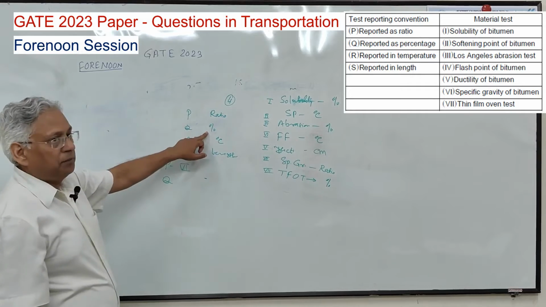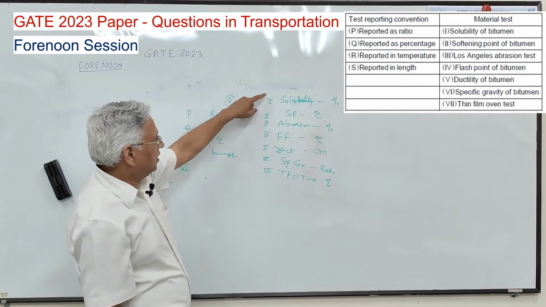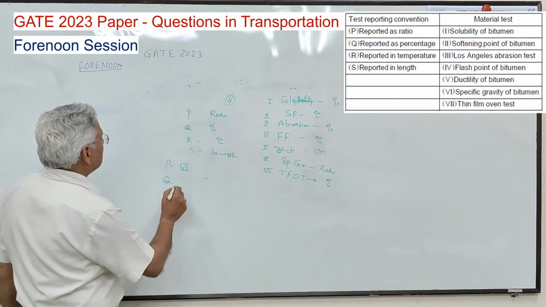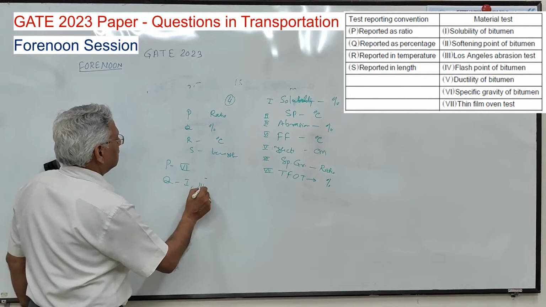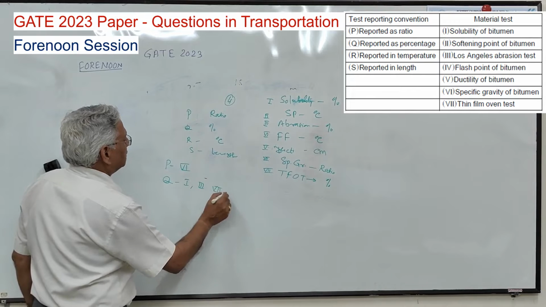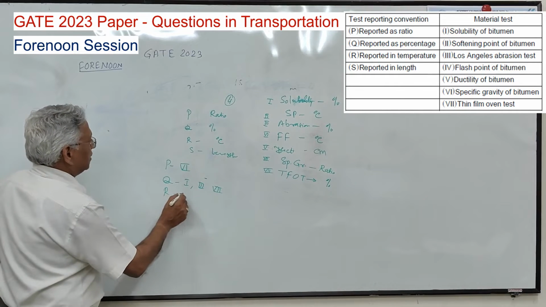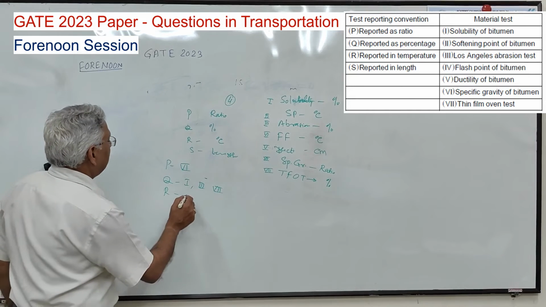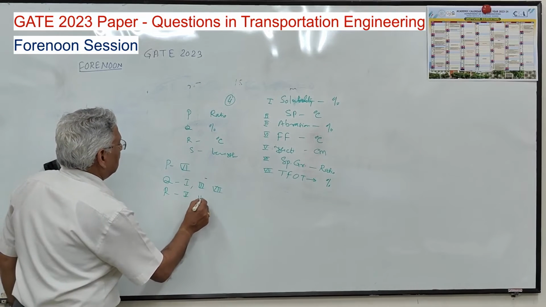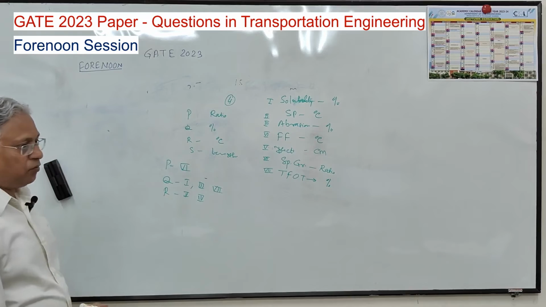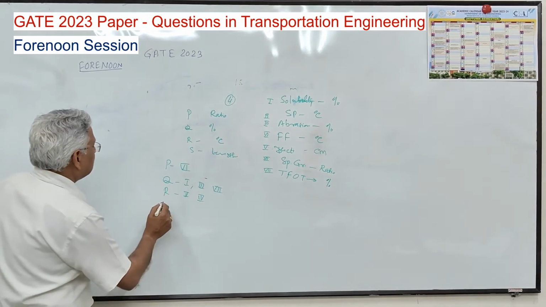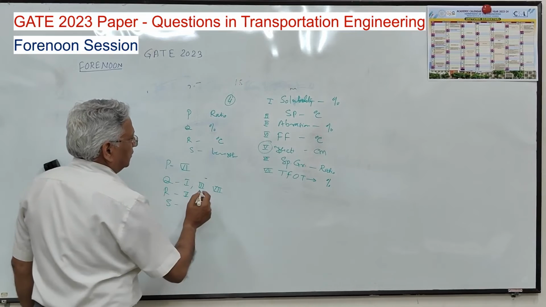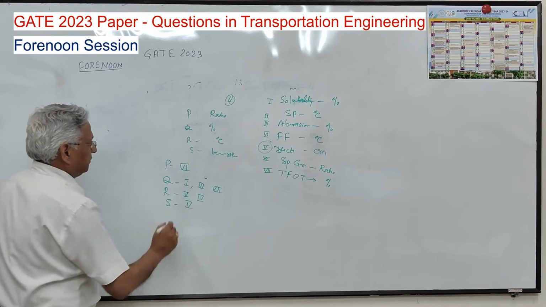Q percentage is 1, 3 and 7. R degree centigrade, there are 2 and 4, softening point and flash point, and S is length. Length is this one, ductility, 5.